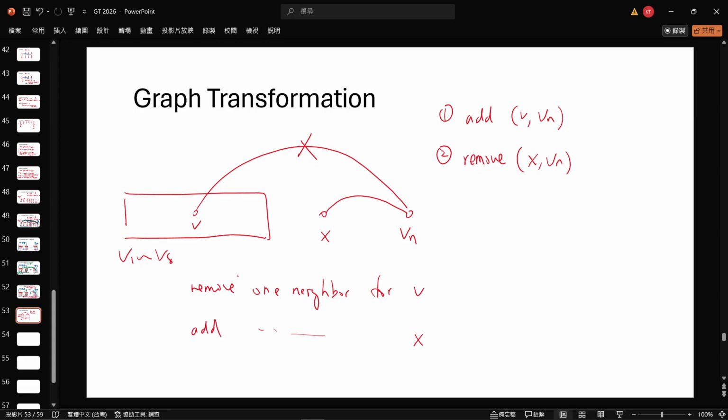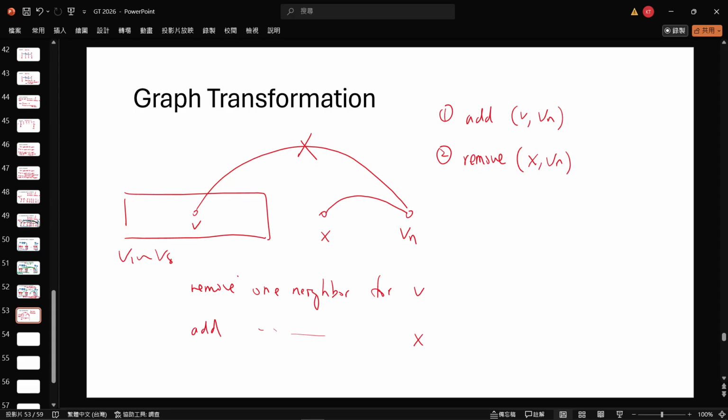So how to do this? I'll give you a hint. The hint is that we sort the degrees. V1 has the largest degree, V2 has the second largest degree.